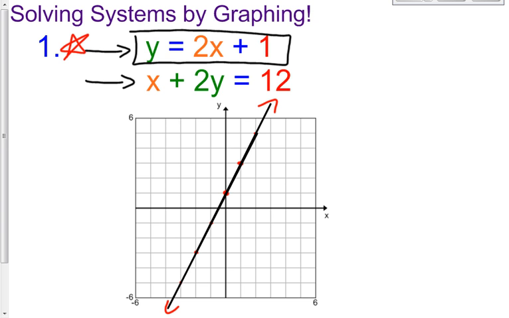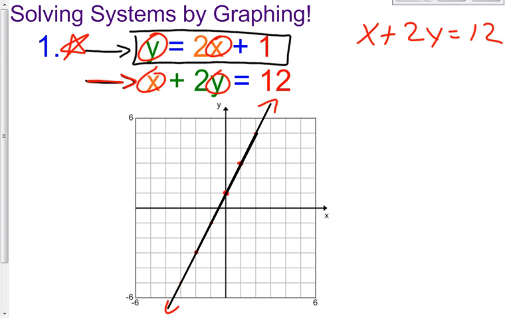That's great. Now we want to find an xy ordered pair that satisfies this equation as well as satisfies this one. So let's now graph this one. It's in standard form. I think a majority of you feel most comfortable with graphing in slope-intercept form, which is y equals mx plus b.